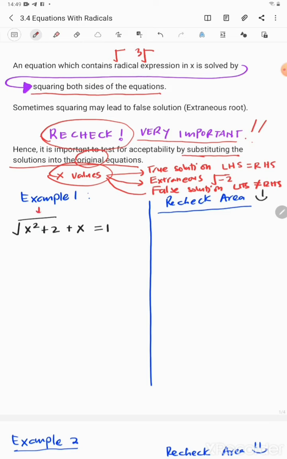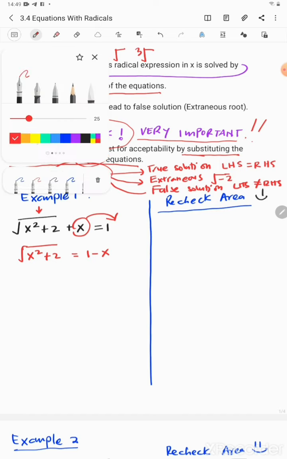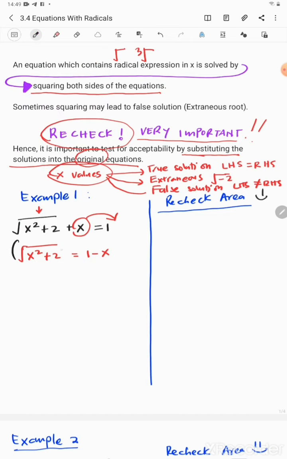You have to make sure that only the term that contains the radical is on the left side. So here we have the square root of x square plus 2 equal to 1 minus x; we bring x to the right, to make our work easier. When we square both sides, it is easier because only a single term is left on the left.